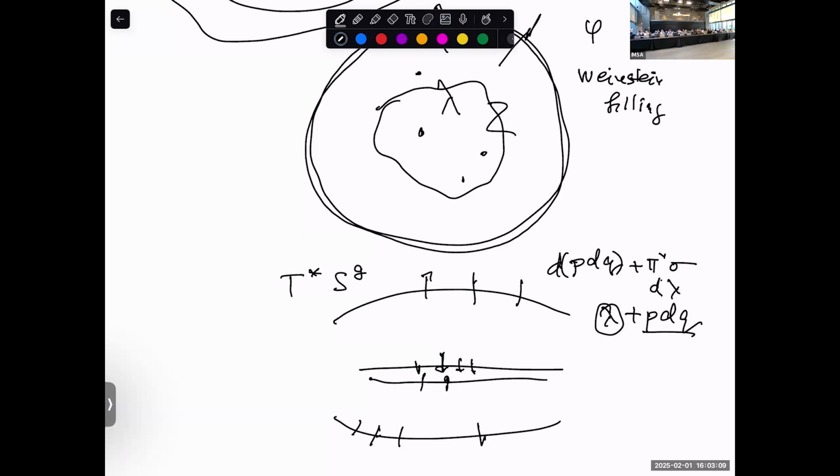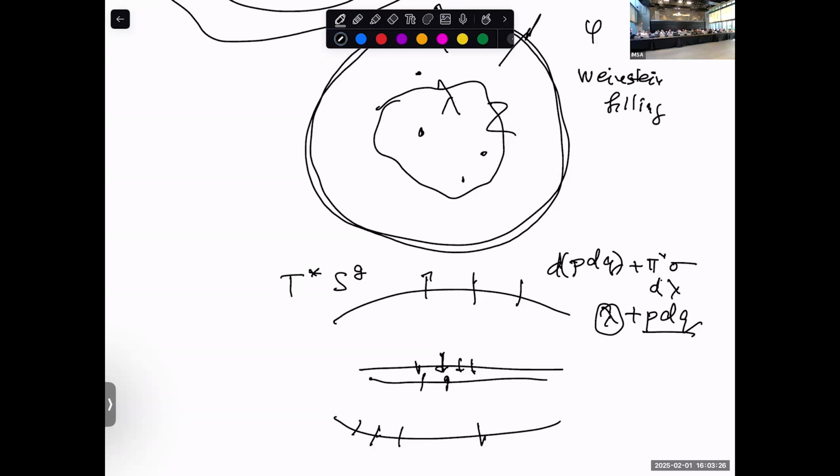This manifold, of course, has the homotopy type of something three-dimensional, and therefore it's not a Weinstein filling. Such examples exist in any dimension; you can hook up such a field.